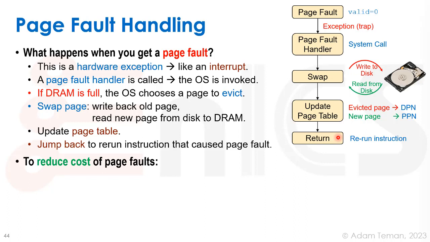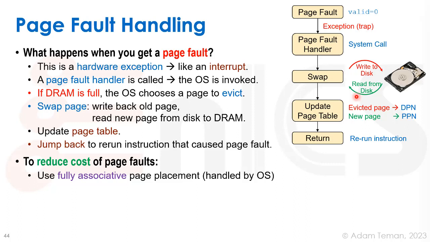So to reduce the cost of page faults, because these are really, really expensive, and this type of operation will take millions and millions of cycles, not thousands, millions, we're going to try to limit the number of page faults we have. Therefore, fully associative page placement is something that can minimize the miss rate, or maximize the hit rate, and we can do that in the operating system.